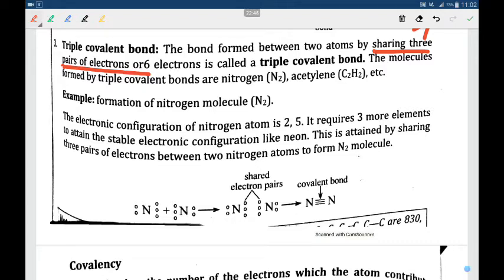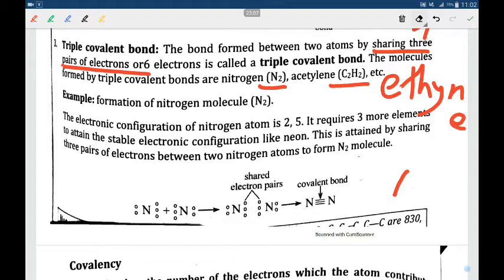Such electrons are shared, then the atoms will be either in duplet or octet. Triple covalent bond is found in nitrogen, acetylene. This acetylene is also called ethyne.